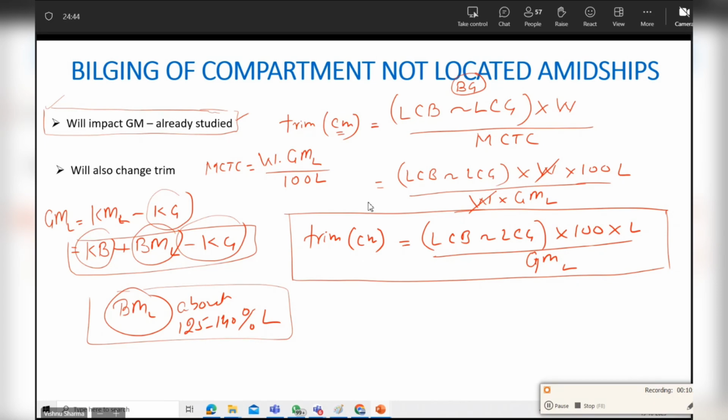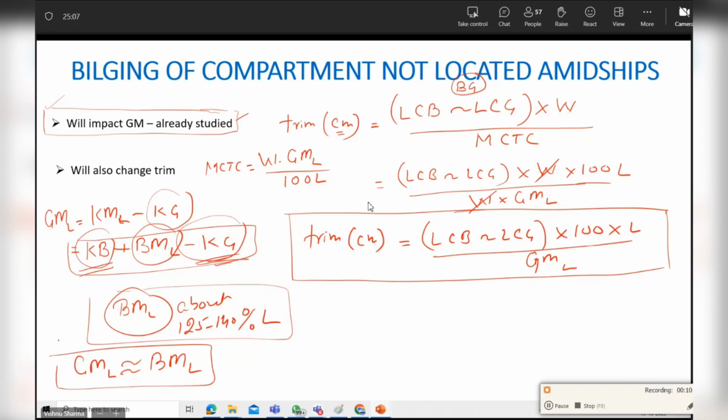So if KG is not given, then I can't subtract KG. To compensate to some extent, I don't consider KB either. Then GML is nearly equal to BML, not exactly equal. Why?